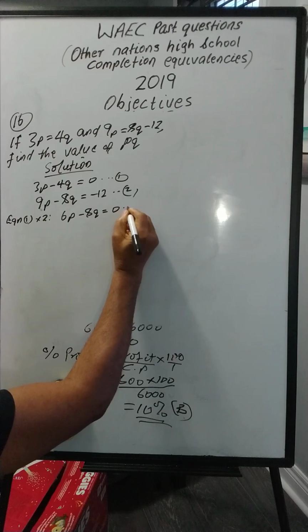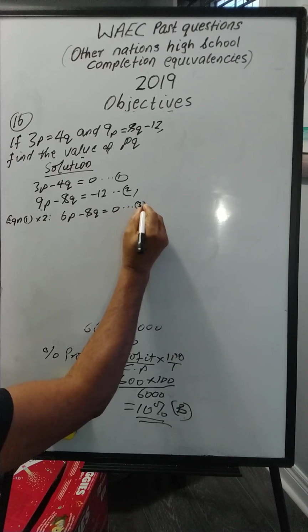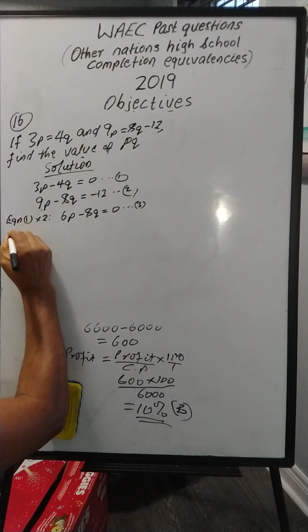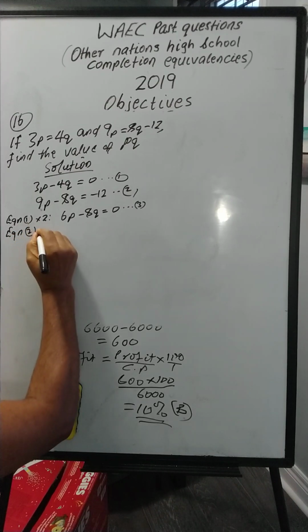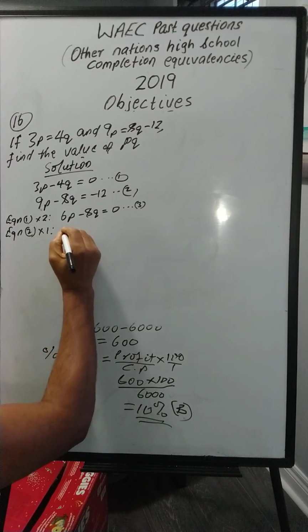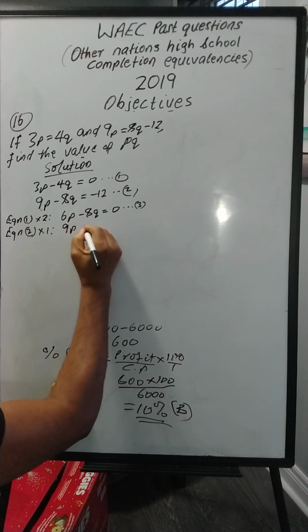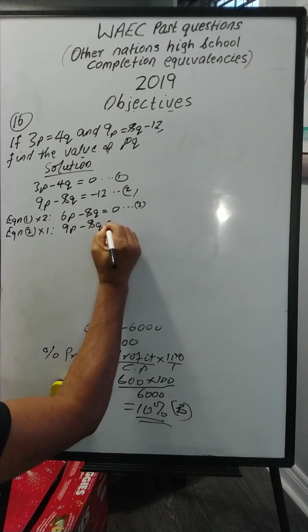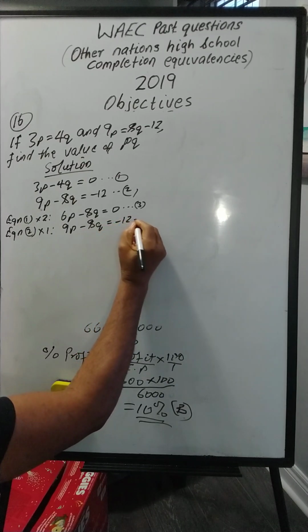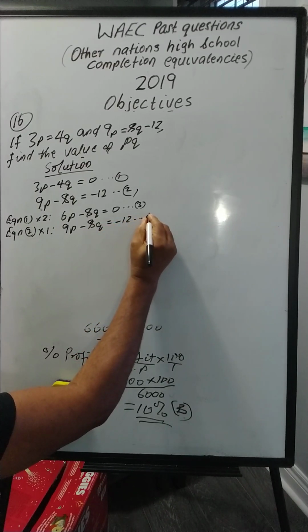We can label this equation 3. And equation 2 times 1 remains the same thing, 9P minus 8Q equals minus 12. We can label this equation 4 if we so wish.